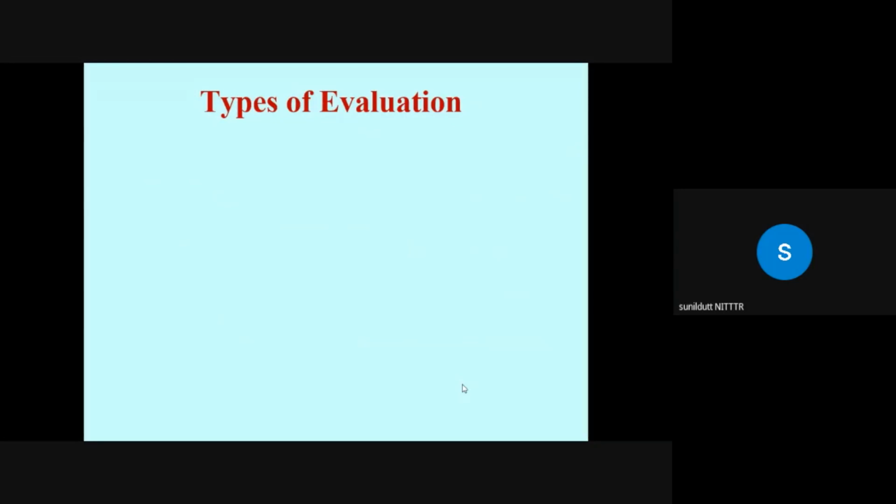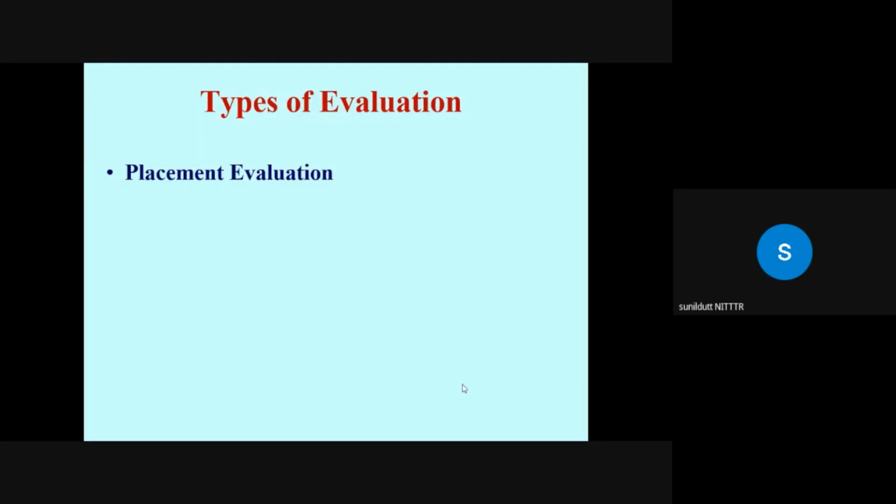Now let us learn about the types of evaluation. So the first one is the placement evaluation. The role of this type of evaluation is to place students in the topic or in the course or in the program appropriate to their interest and abilities. You see, before coming to the new topic, the teacher tries to ensure the prerequisites possessed by the students.